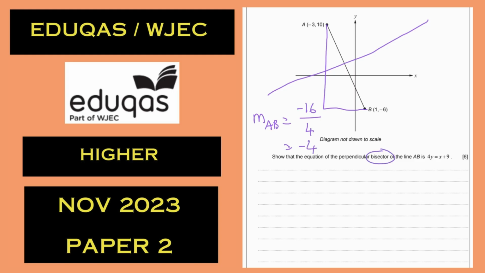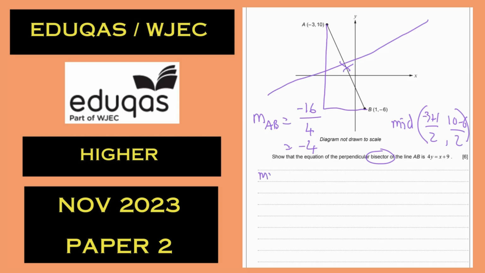It's a bisector. We need the midpoint. For the midpoint, you average the x coordinates. So that's -3 added to 1, and that gets halved. And the y coordinate, we add the 10 to the -6, which also needs halving. We can move on.